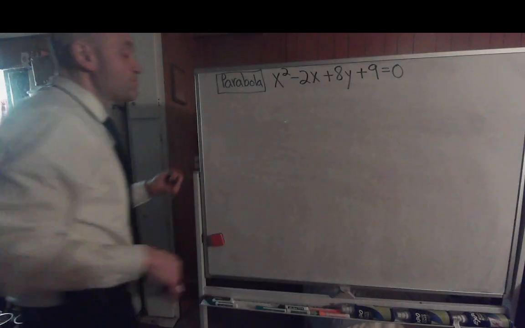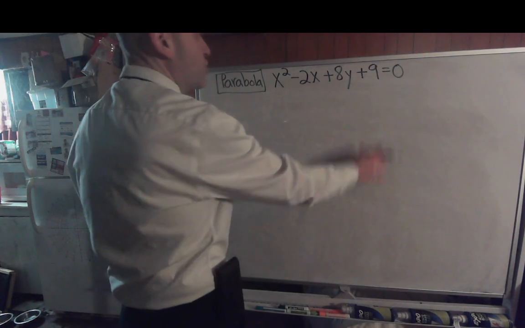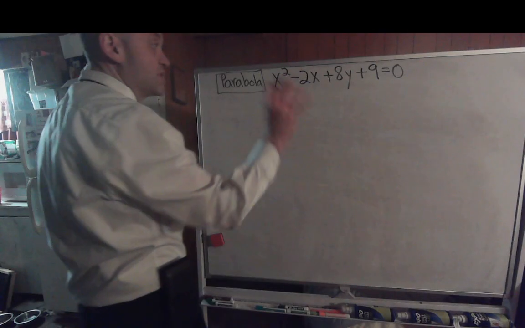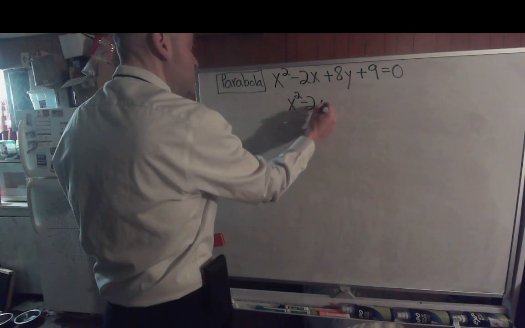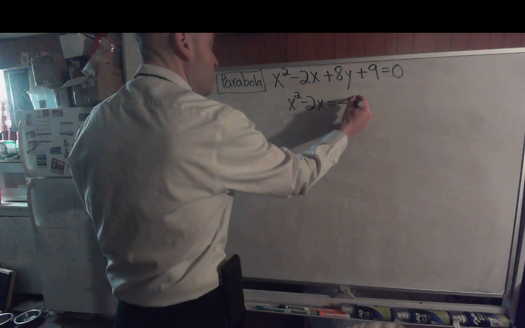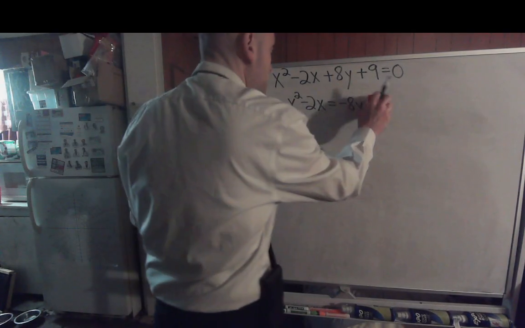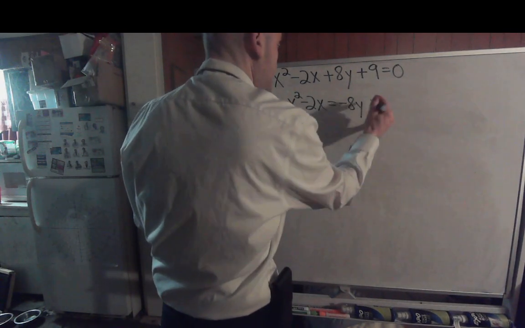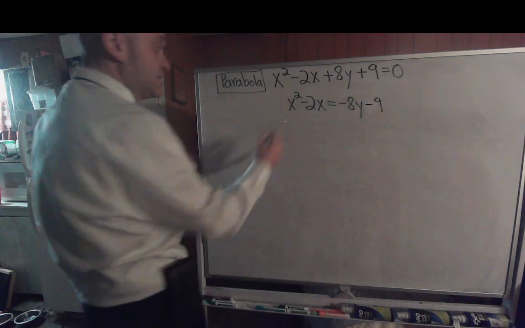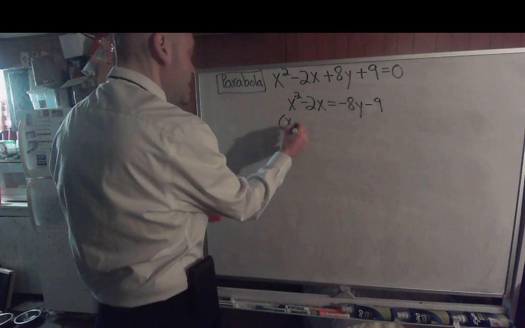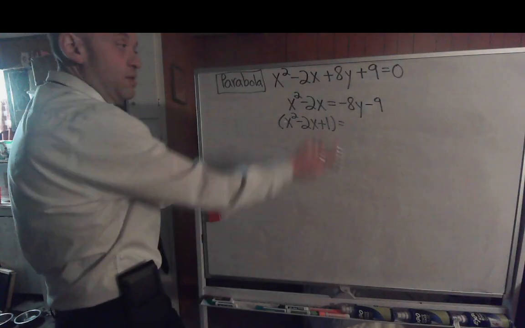So what you want to do in this case is go ahead, get your y and your constant term over to the right-hand side. So this should turn into x squared minus 2x equals negative 8y plus 9. I'm sorry, negative 8y minus 9, excuse me, since we subtracted. Now, we still want to complete the square on the left-hand side, so this would turn into x squared minus 2x plus 1, but we got to add that 1 to the right-hand side.